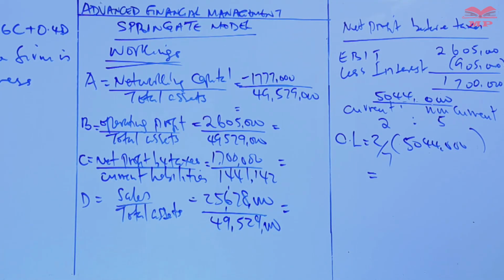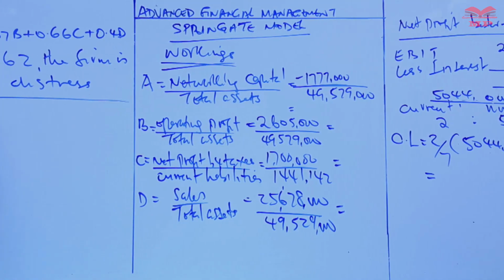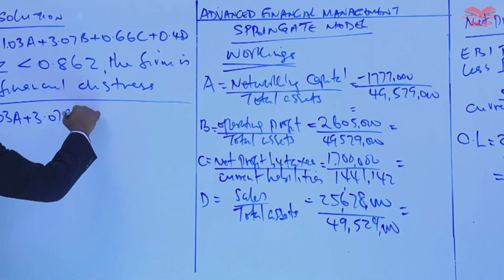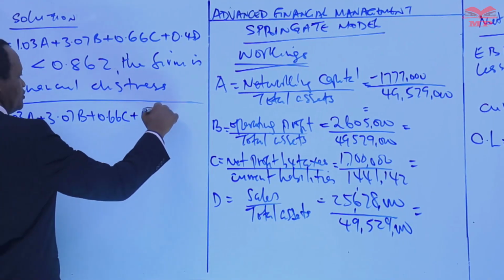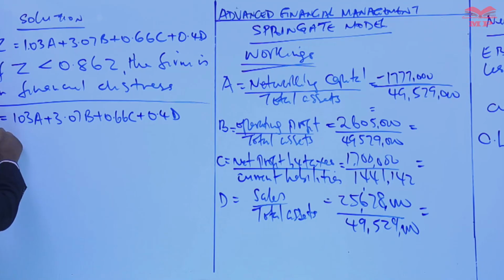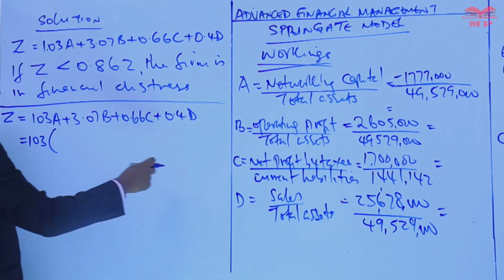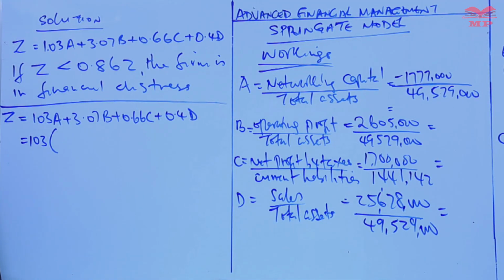And this is the Z value, which is equal to 1.03A plus 3.07B plus 0.66C plus 0.4D. So we'll have 1.03 times the value we get here. What's the value? That is negative.